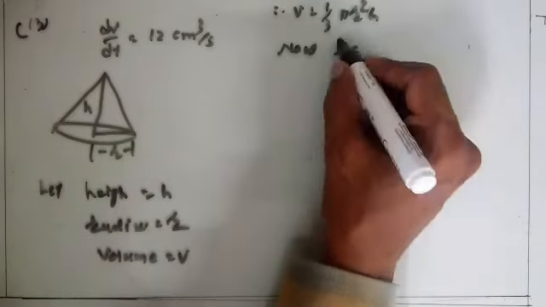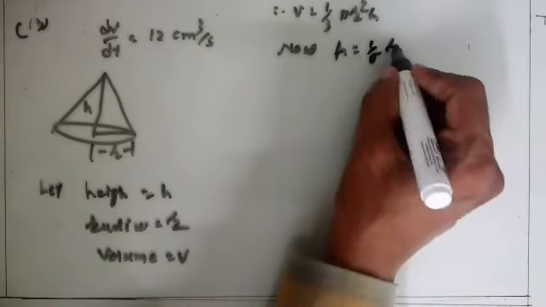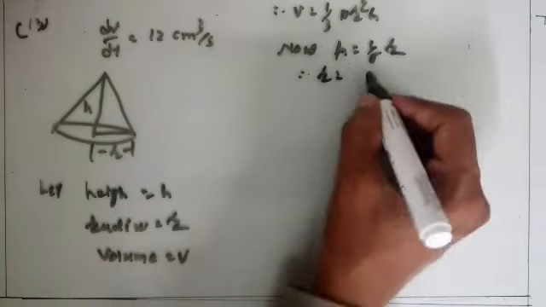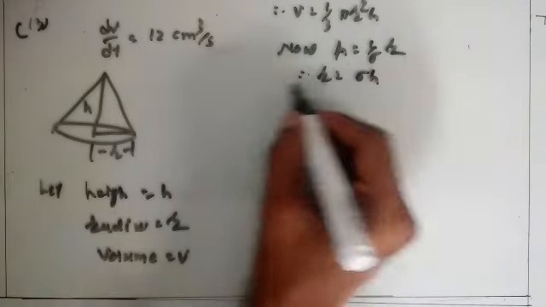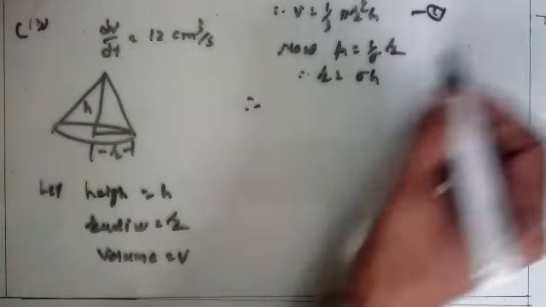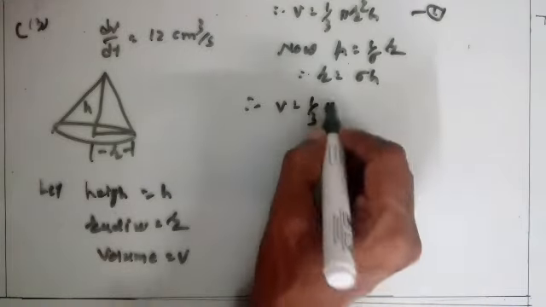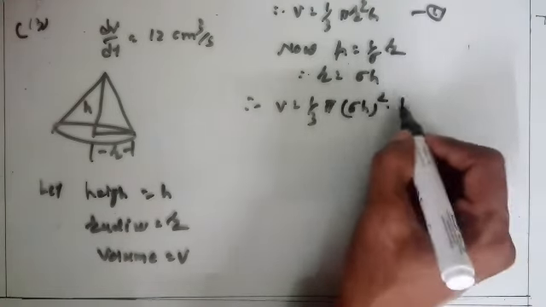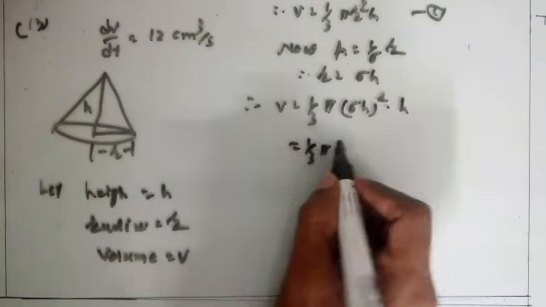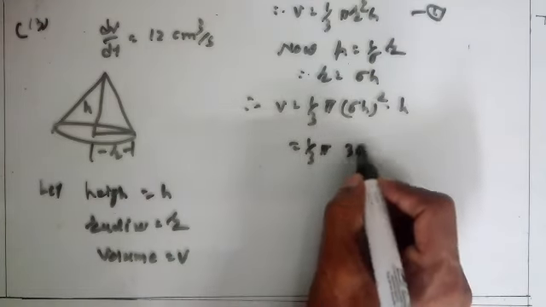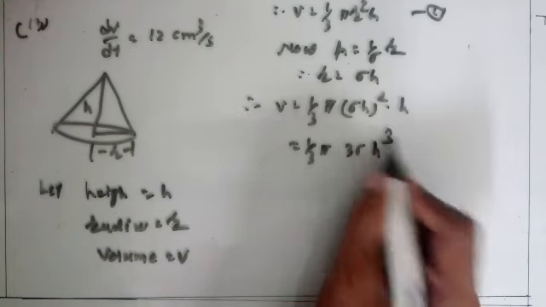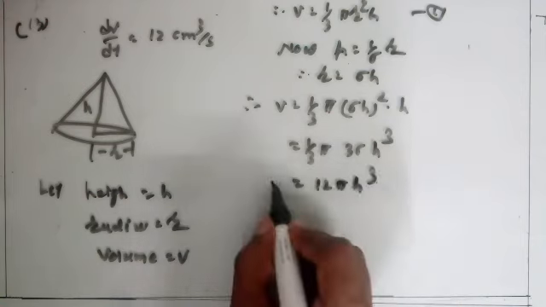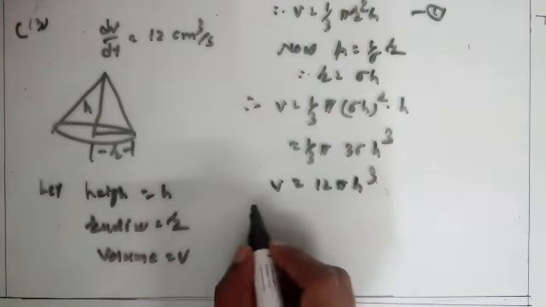Now the height of the cone is 1/6 of the radius. Clear this? So radius r is equal to 6h. Therefore V is equal to 1/3 pi r square h, that is 1/3 pi (6h) square into h. So 1/3 pi 6 square, 36 h square into h, which is h raised to 3. So it is equal to 12 pi h raised to 3. This is V. Now differentiate with respect to t.